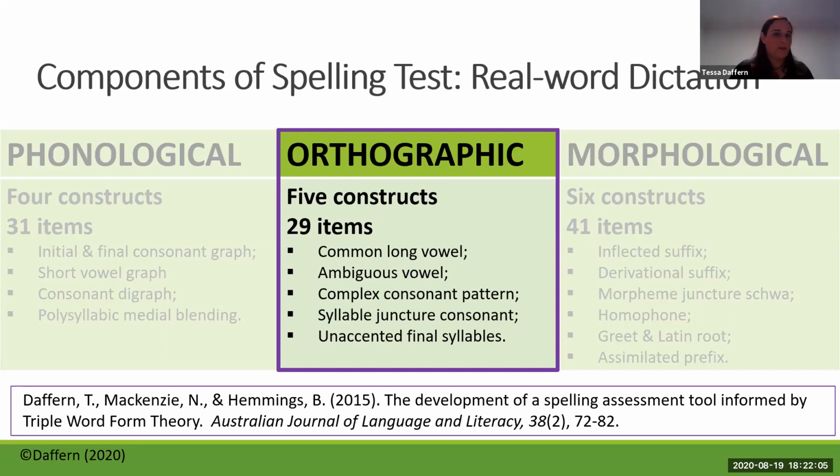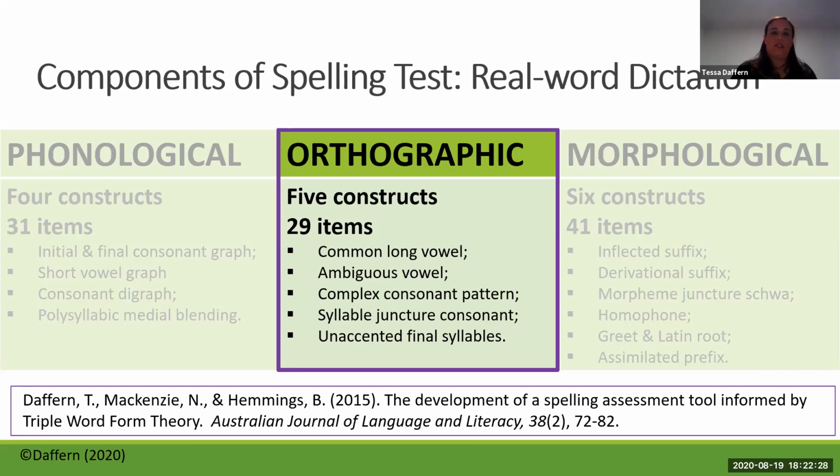Researchers have described this also as orthotactic knowledge. Rebecca Tryman, I think, has referred to this in some of her research. The orthographic aspects of spelling are concerned with certain sublexical conventions that are specific to a particular written language, in this case English.